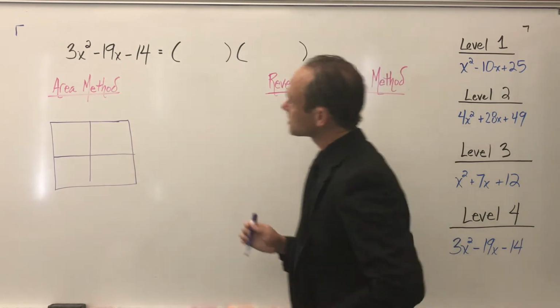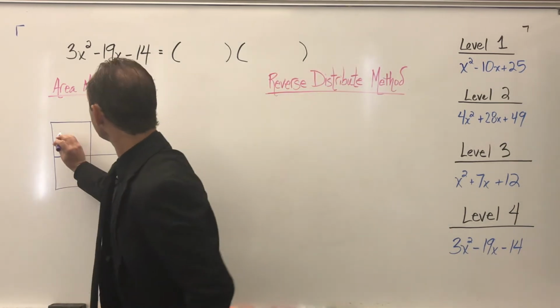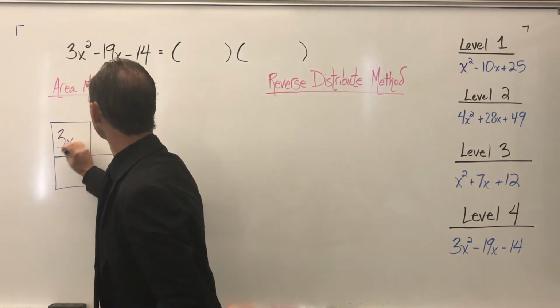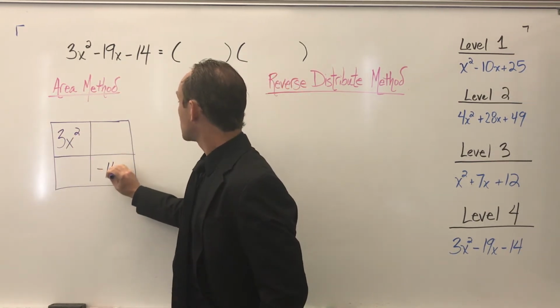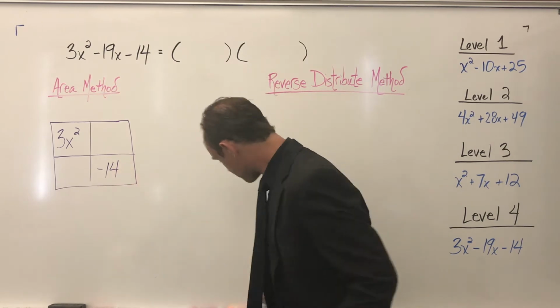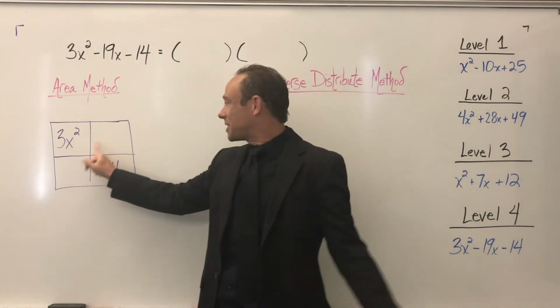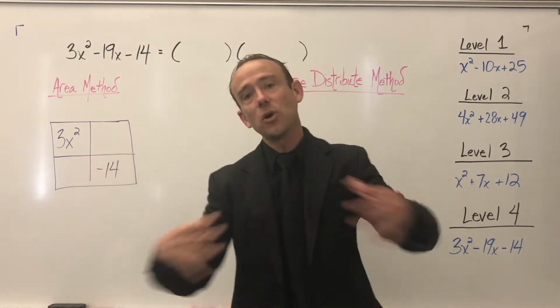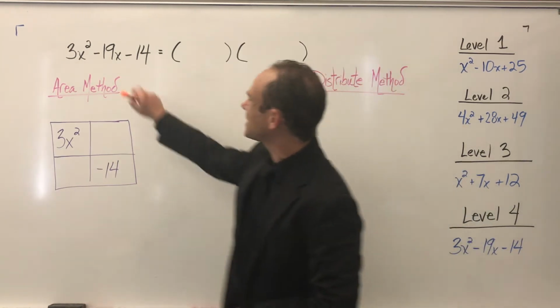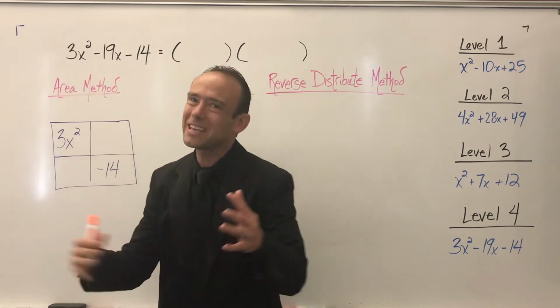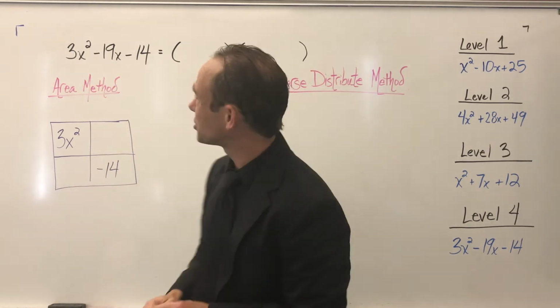Let's go see what this looks like. So what we do is we say 3x squared. We put the lead term there in the top left, and we put the constant term down here. Now, I actually don't know what goes in these two boxes. That middle term is kind of the one that's a little bit more complicated because it's formed from the addition of two terms.